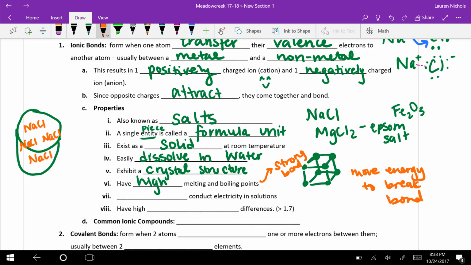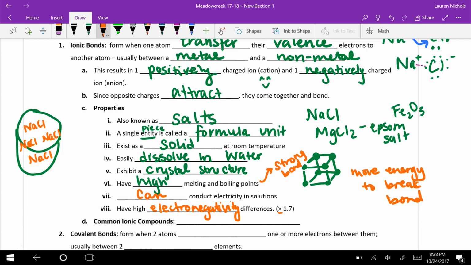So it's going to show just that high energy, those strong bonds and strong forces are within them. And they also can conduct electricity in solutions and have high electronegativity values and differences, which we will talk about later. And it's going to be greater than or equal to 1.7, which again we'll get to.